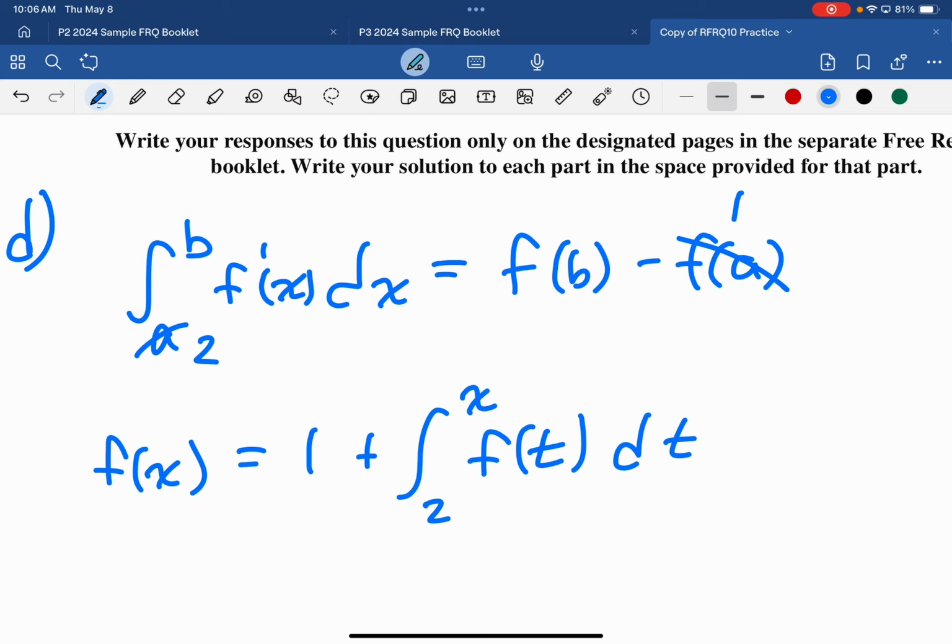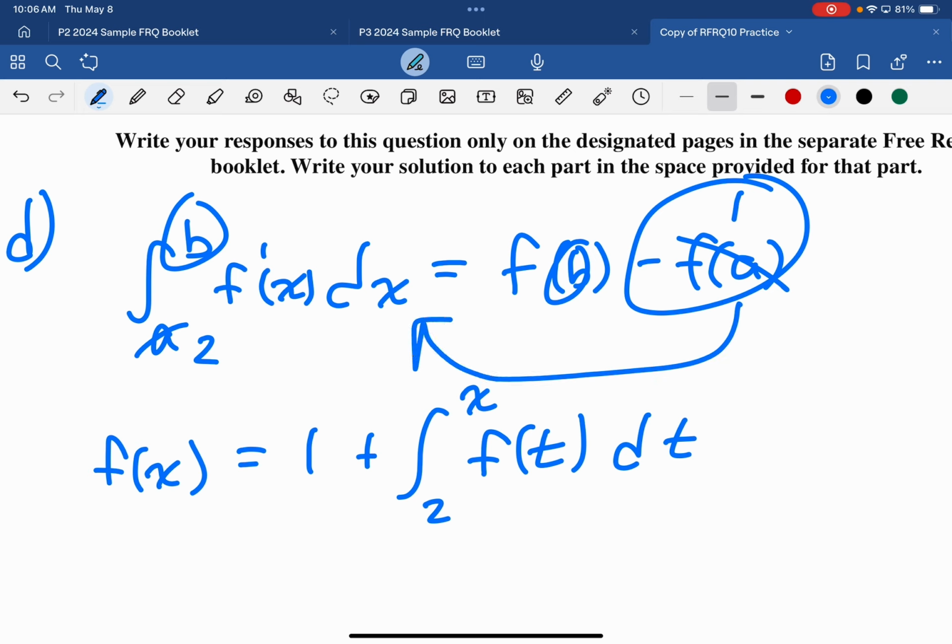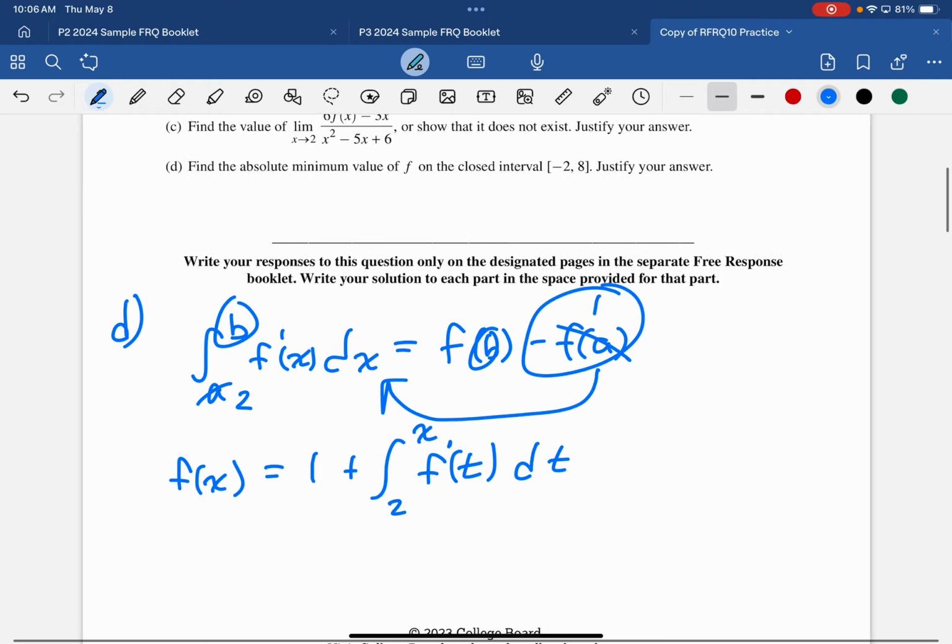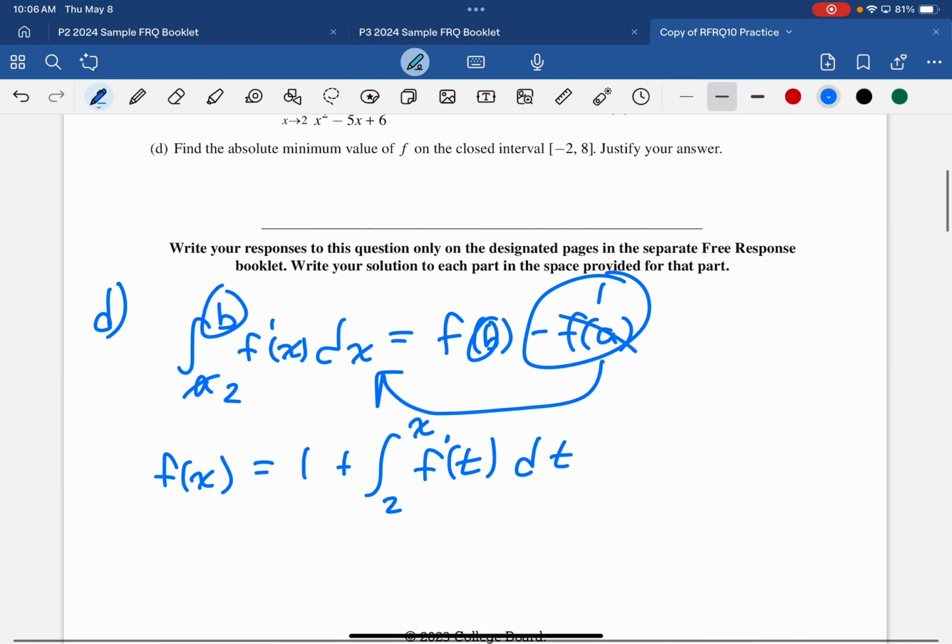I took the b's out and made these into x's, and then I moved this minus 1 over to the other side. Oh, and this is supposed to be prime. Good. Okay, does everybody see that?